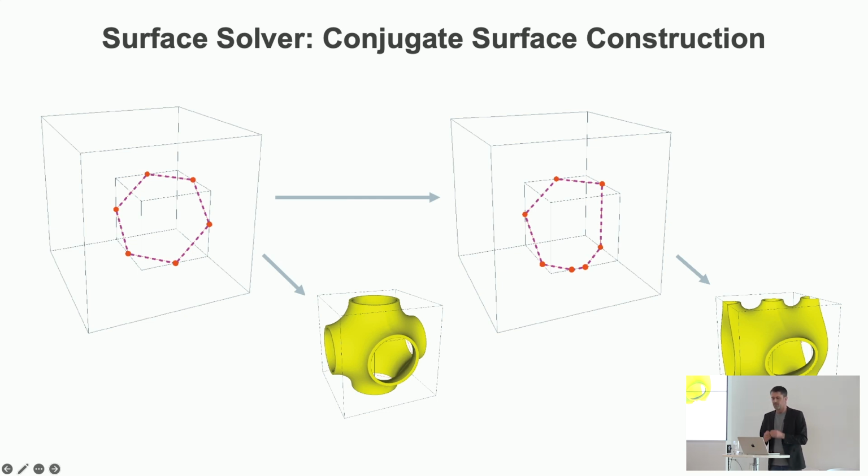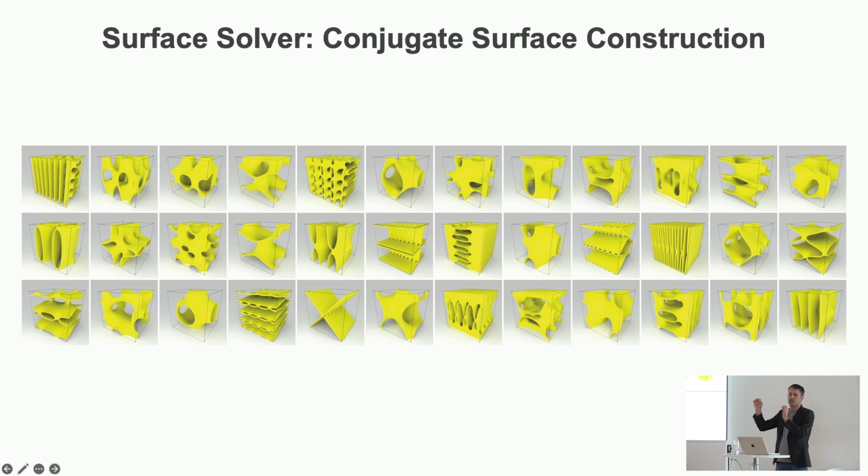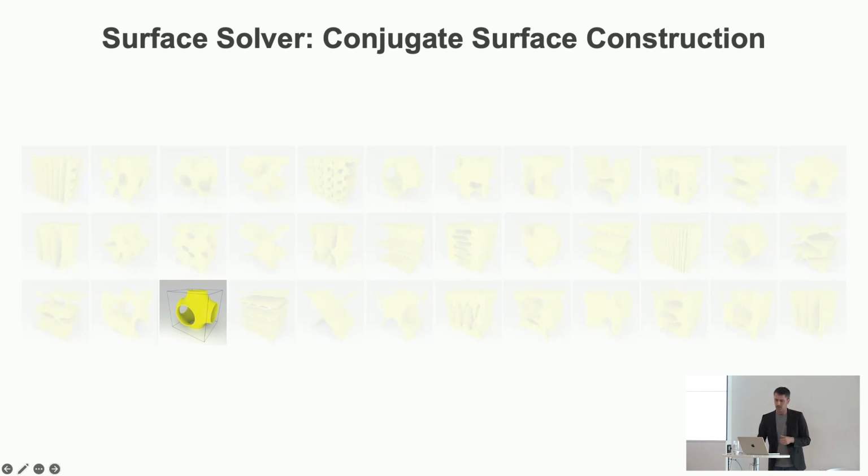And this flexibility, doing these small edits and then getting these very different types of microstructures, is something really cool that did not exist before. And so with just a little bit of random perturbations, you can generate this family of different microstructures very efficiently.